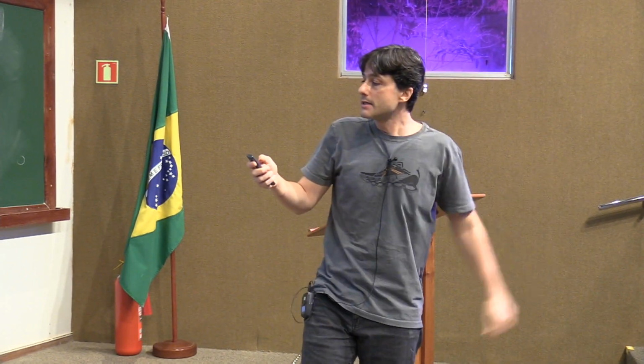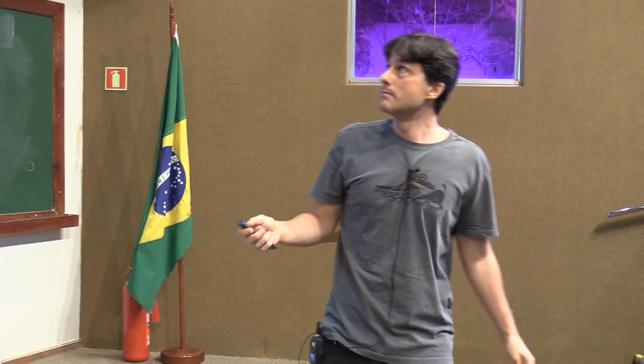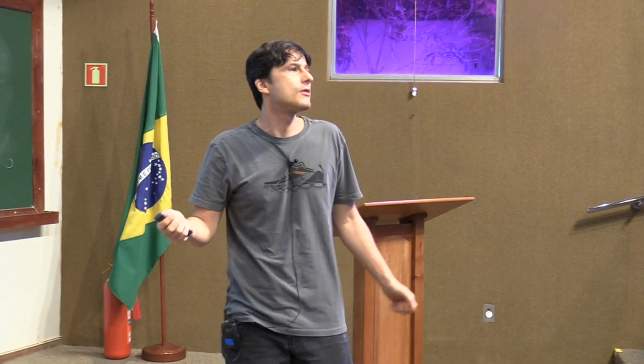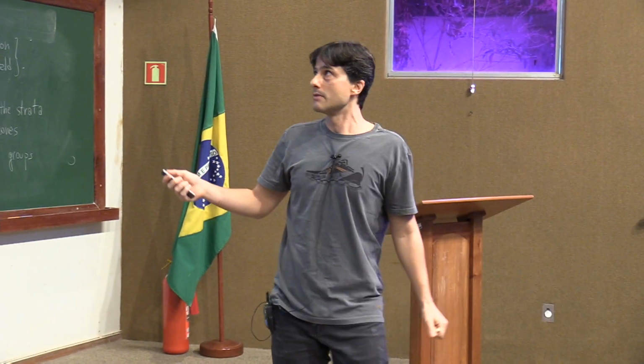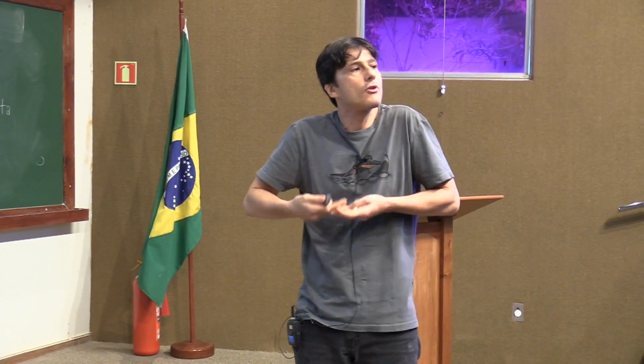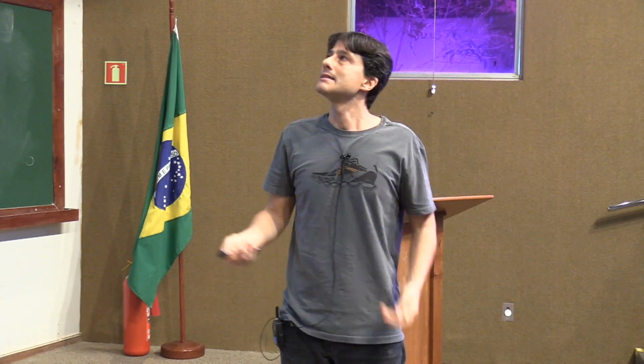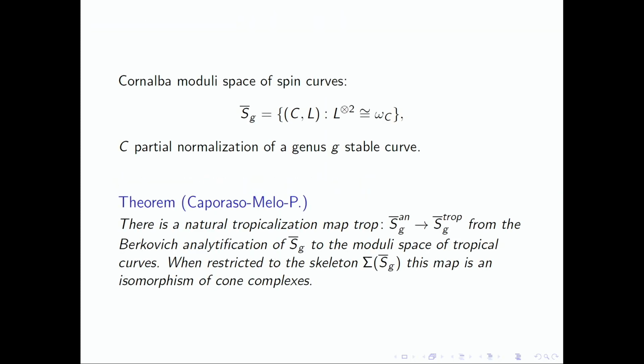And so the general case seems to be quite challenging, and there should be a refinement of this combinatorial data that allows you to describe the tropicalization in the right way. So I think that I will stop here. Thank you very much for your attention.